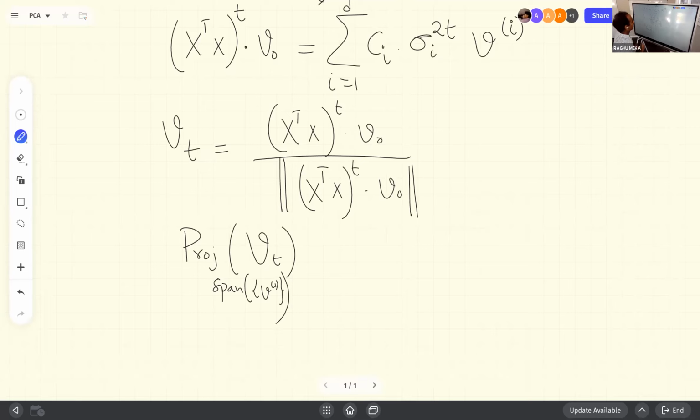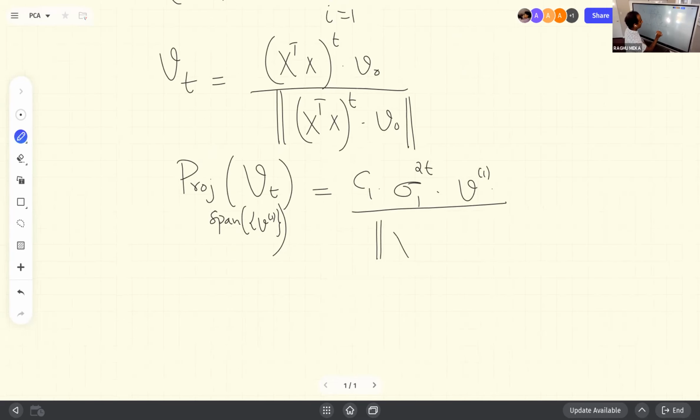Any guesses? c1 times sigma_1 to the 2t times v1. Exactly, right? So this is just c1 times sigma_1 to the 2t times v1. I mean, I wrote down the entire basis expansion, right? So the first coordinate of the projection is exactly this much. You have a normalization term though, which is whatever this denominator is. It seems like a slightly messy thing, but we'll get to that shortly. Okay?